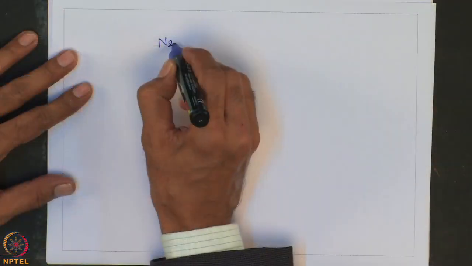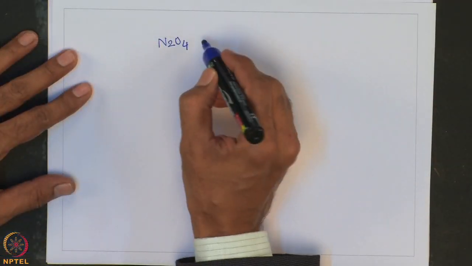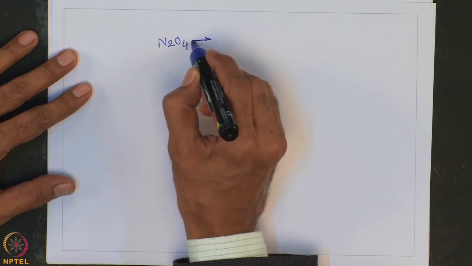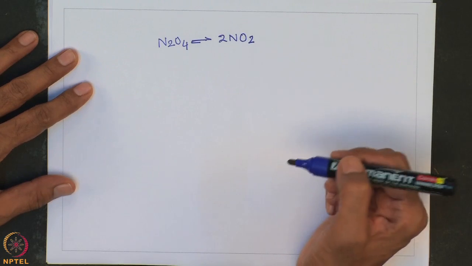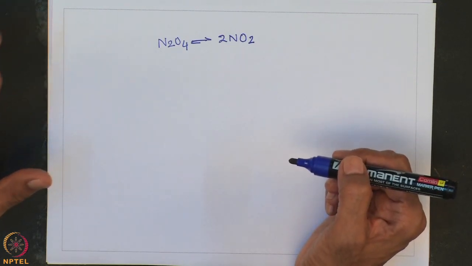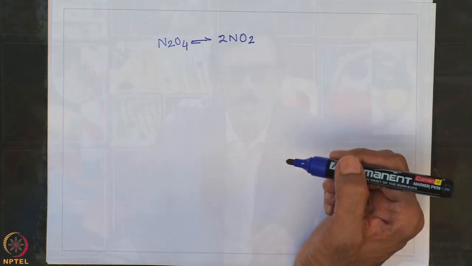So, dinitrogen tetroxide is essentially a dimer of nitrogen dioxide, NO2, and this one is always in equilibrium with the dimeric structure, that is N2O4 is always in equilibrium with 2NO2. Okay. The solid is colorless and is diamagnetic, consistent with the presence of only N2O4 species.